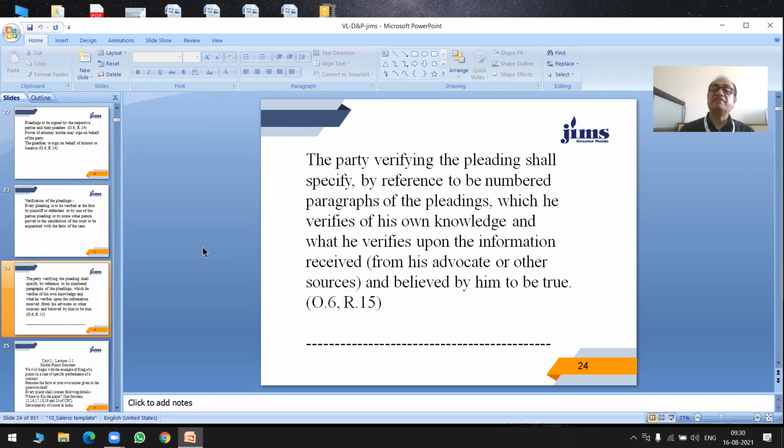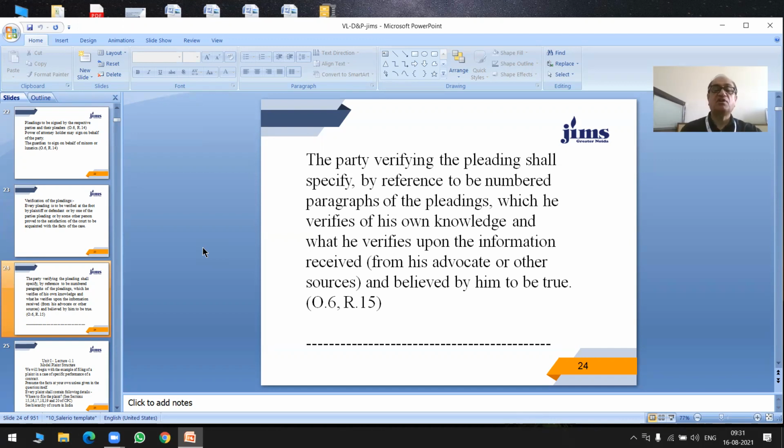The party verifying the pleadings shall specify, by reference to the numbered paragraphs of the pleadings, which he verifies of his own knowledge, and what he verifies upon information received. From where is the information received by the party? The information is received from his advocate or other sources. But that advice has to be believed by him to be true.